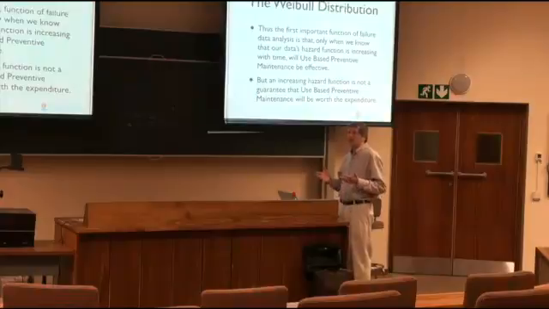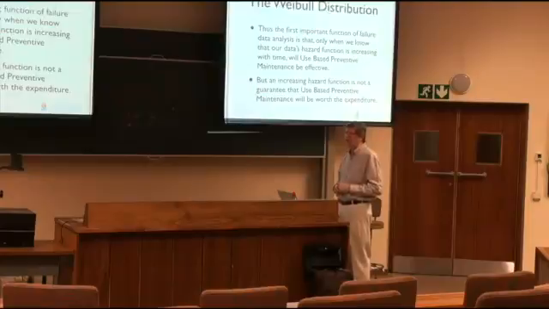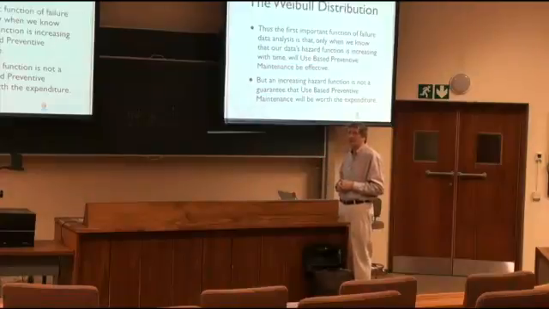The problem is that you cannot always use condition-based maintenance. So the moment you have to consider use-based maintenance, your first question is, do I have an increasing force of mortality? Because if you don't know that, you cannot practice use-based maintenance. Then it is out of the question for you. You must know the shape of your force of mortality.